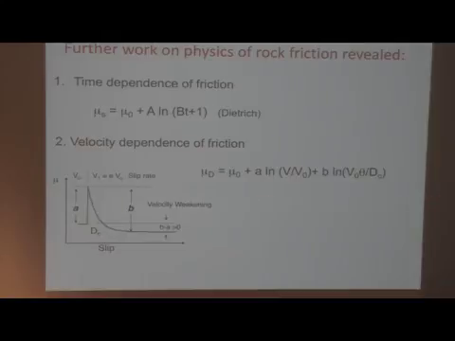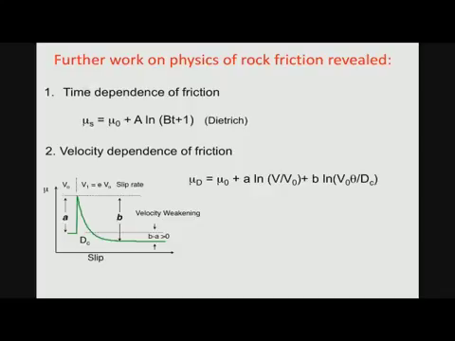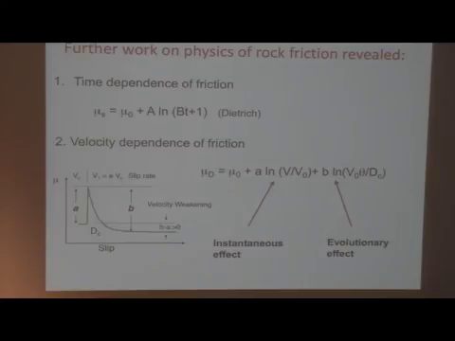Okay, and here's an expression. So now we're looking at dynamic friction because the rock is moving, and this part of the expression describes this instantaneous increase. And this part is called the evolutionary effect, this decrease, where theta is a state variable.